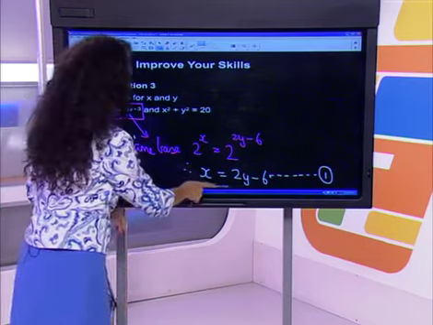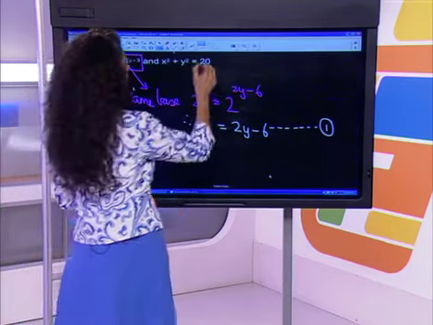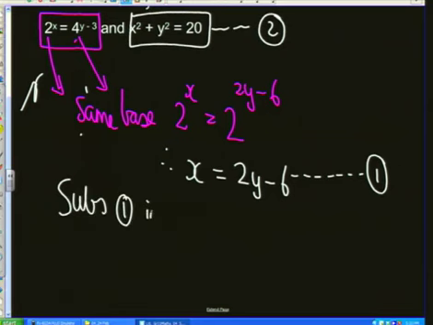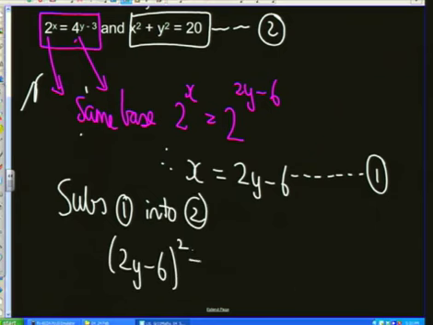Okay, so that would be my first equation. This equation over here would be my second equation, and I'm going to substitute 1 into equation 2. So then I get x is (2y minus 6) squared plus y squared equals 20.